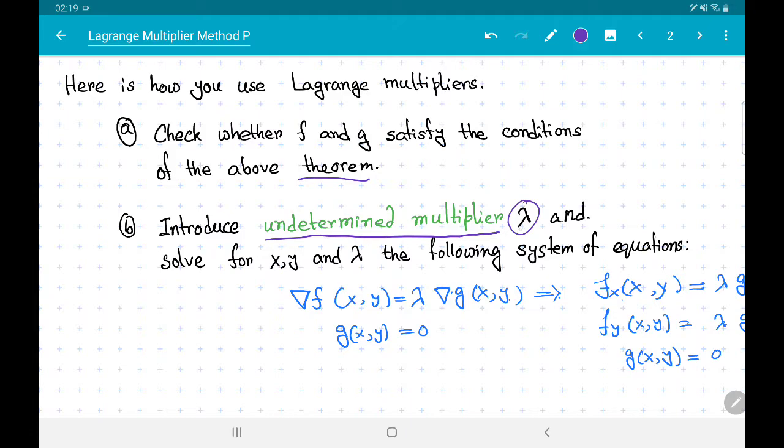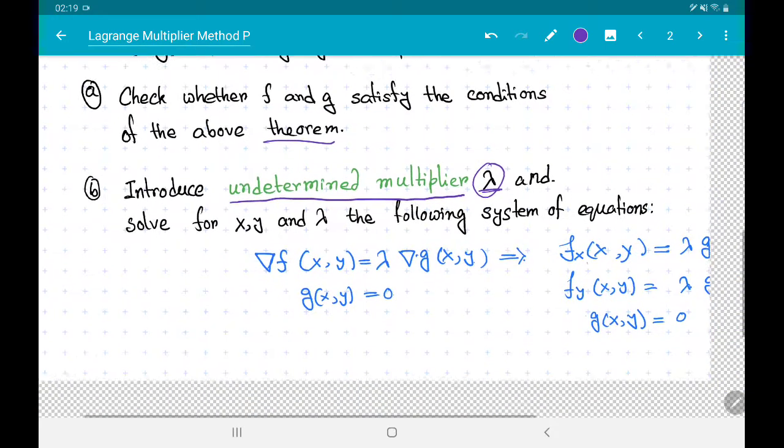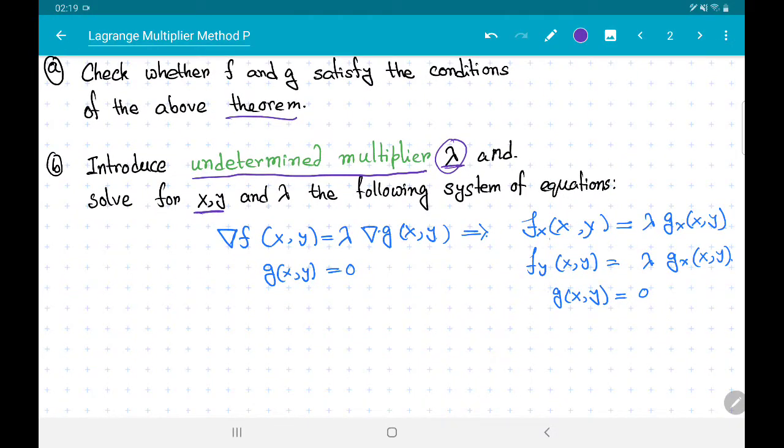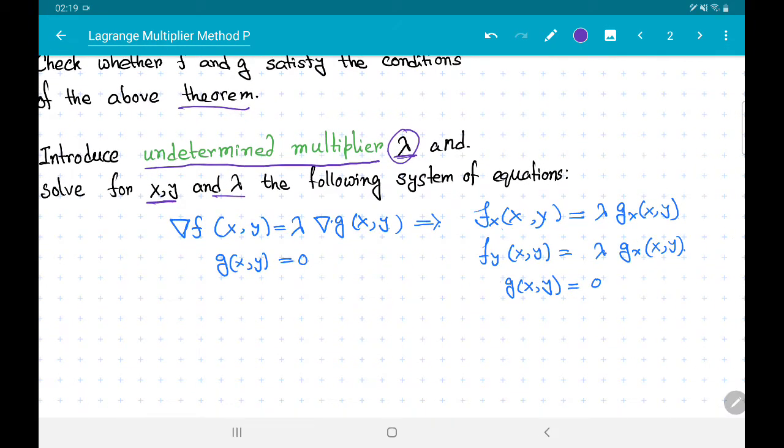Just introduce a variable, let's say lambda, and then solve for these three variables x, y and lambda in the following system of equations. We have one condition, g(x,y) is equal to 0, that is our constraint.